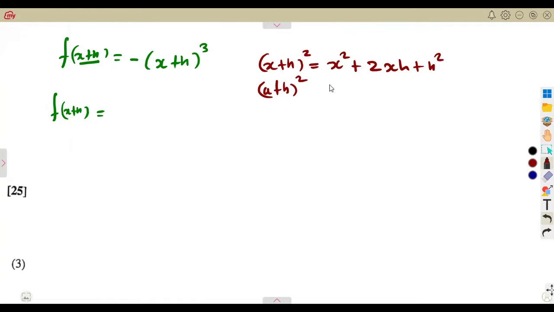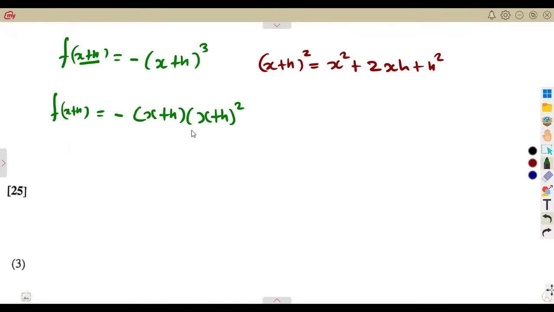You are used to this from the a plus b squared concept. Remember, a plus b squared gives us what? A squared plus 2ab plus b squared. Or you can expand your brackets in the normal way. But if you are used to this, rewrite this x plus h to the exponent of 3 in terms of it raised to the power of 2, meaning to say we can have it as minus x plus h into x plus h squared.